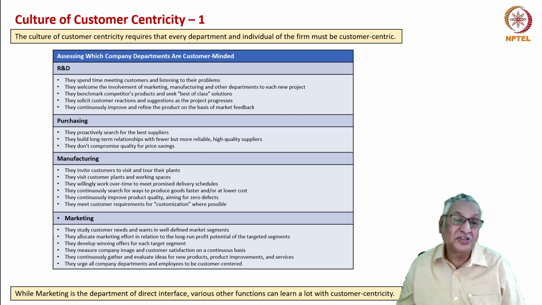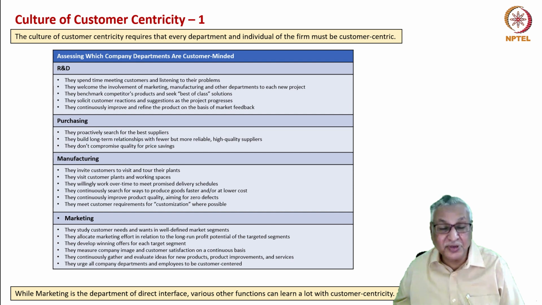Purchasing. Purchasing people proactively search for the best suppliers possible, and they develop relationships with more reliable and high quality suppliers, and they don't compromise quality for price savings because they understand that quality is an extremely important part of the value equation that we are aiming at as a high class marketing organization. Then you have manufacturing.